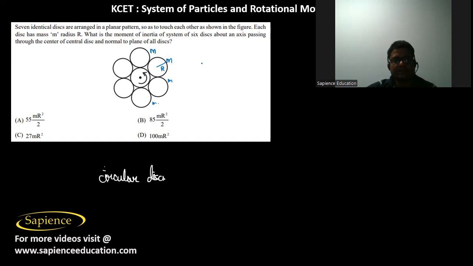As we know, the moment of inertia of a circular disk through its center of mass is mr square by 2.